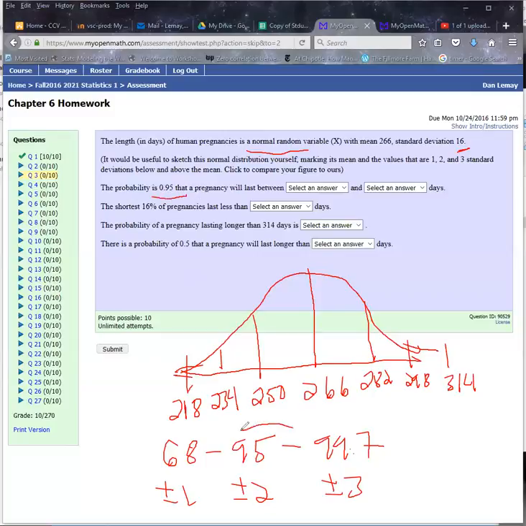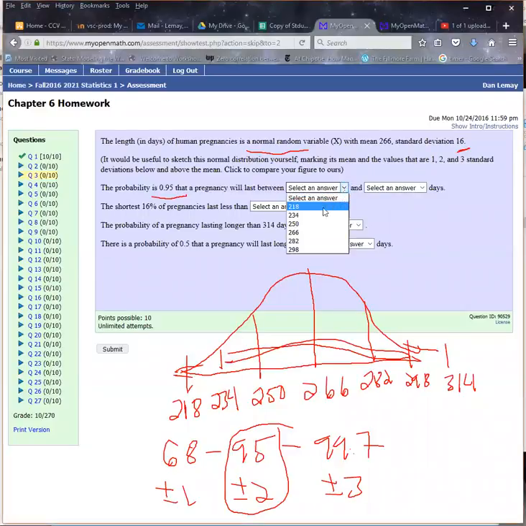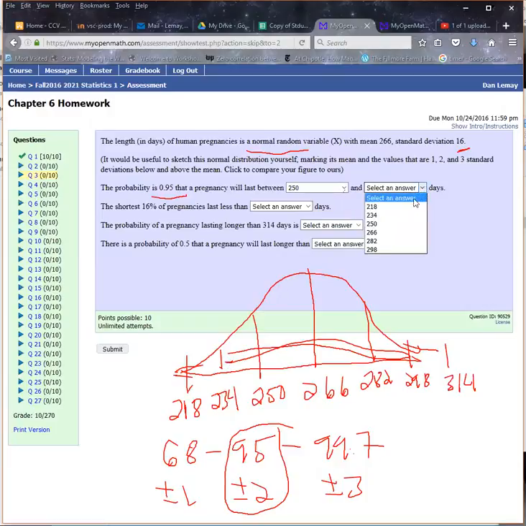Notice that's the 95, that 95% of the pregnancies will last between the 2 standard deviation mark, which, if I'm reading this graph that I made correctly, that's going from 234, to 2 standard deviations above the mean, which is 298.